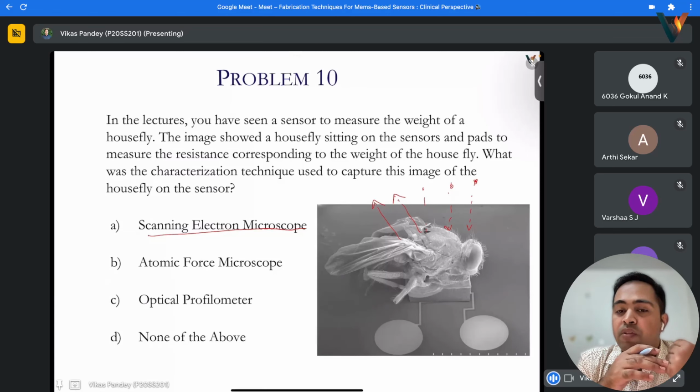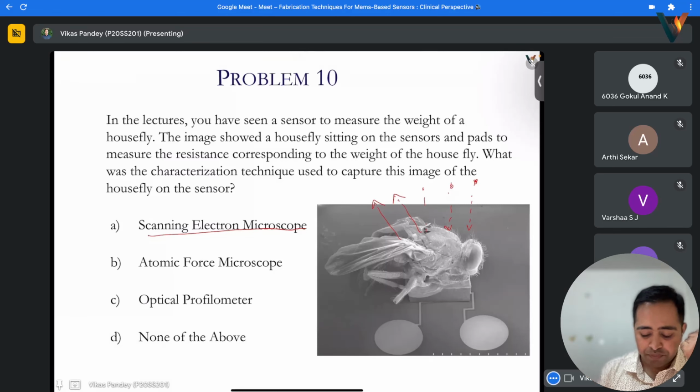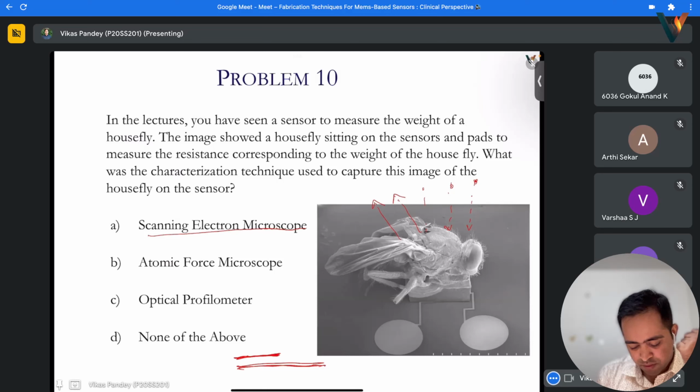Whereas in case of atomic force microscope, on the sample, there will be a probe like this, and it will be very close to the surface, and some current will be flowing through it.